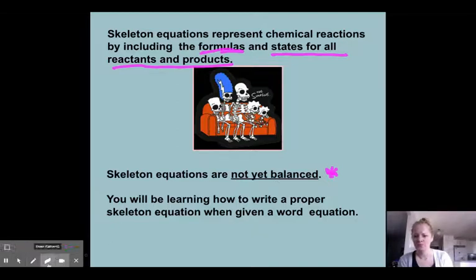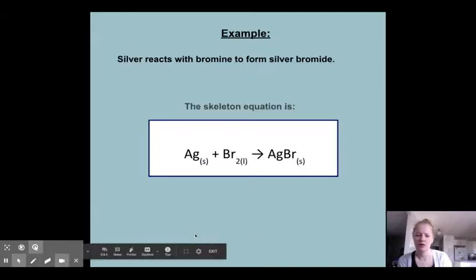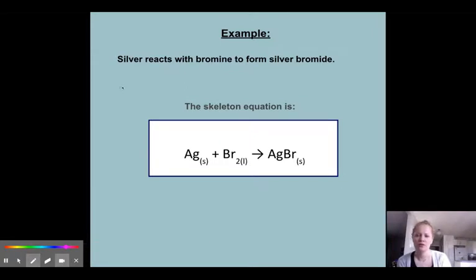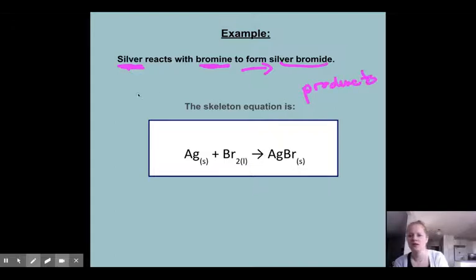Okay? So this is an example of one of them. So here's your word setup, your sentence. So silver reacts with bromine to form, tells us that there's a chemical reaction happening. Silver bromide. Okay, so this is your products. And these are your reactants on the other side.